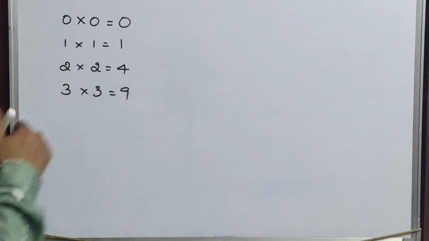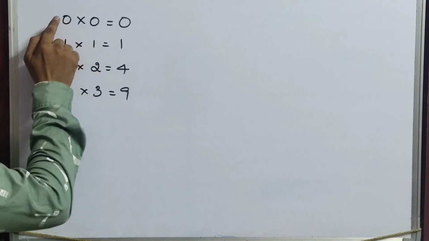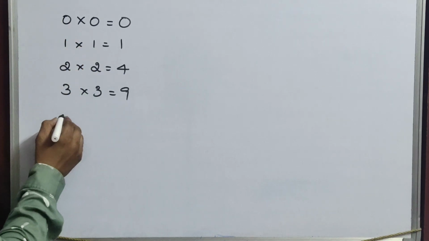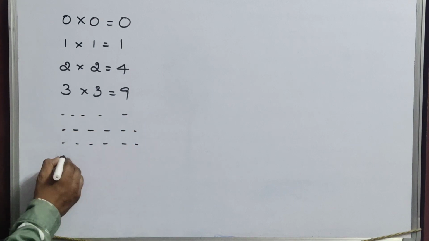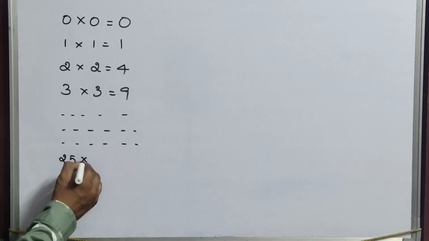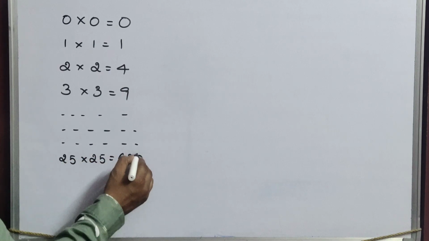Listen very carefully. I am telling you, children, at least from 0 to 25, that means 25 25s are 625.